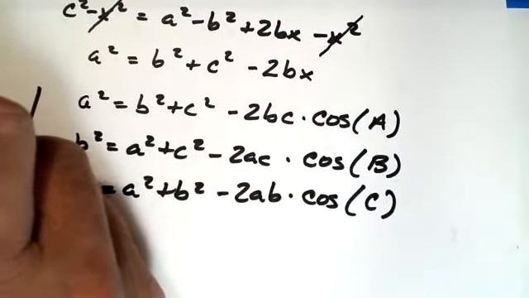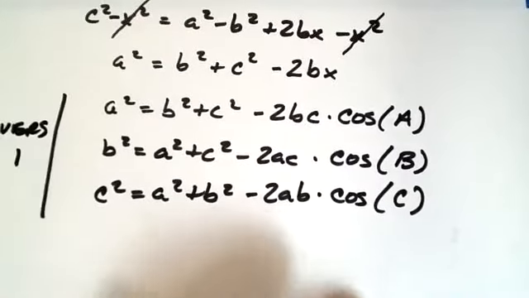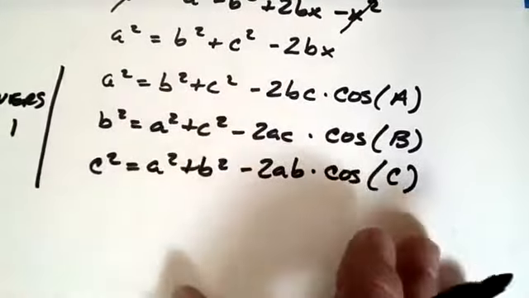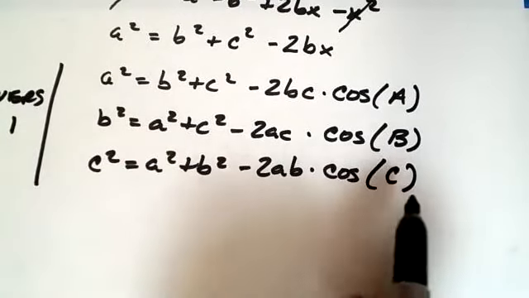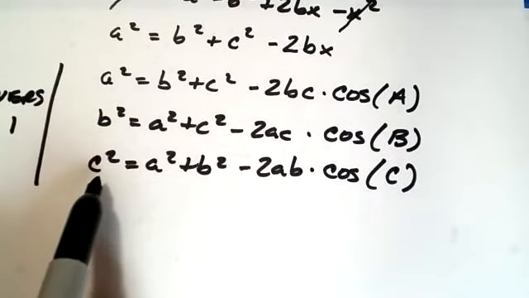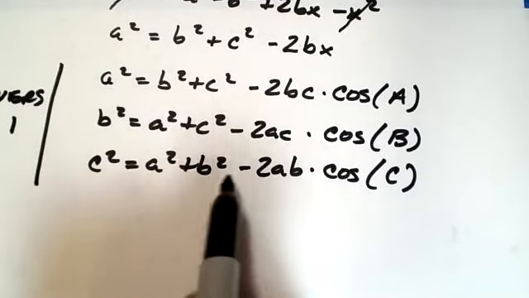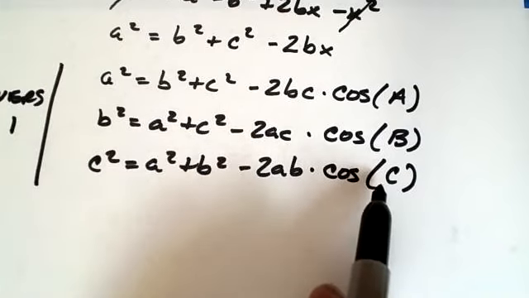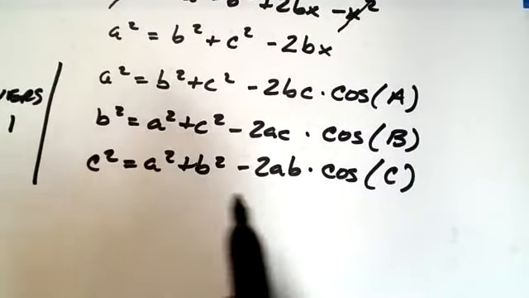So like I said, this is version 1, which is used when you have 2 sides and an included angle. You can find the 3rd side. That's kind of the strategy there. So 2 sides and an included angle, side angle side, gives you the 3rd side.